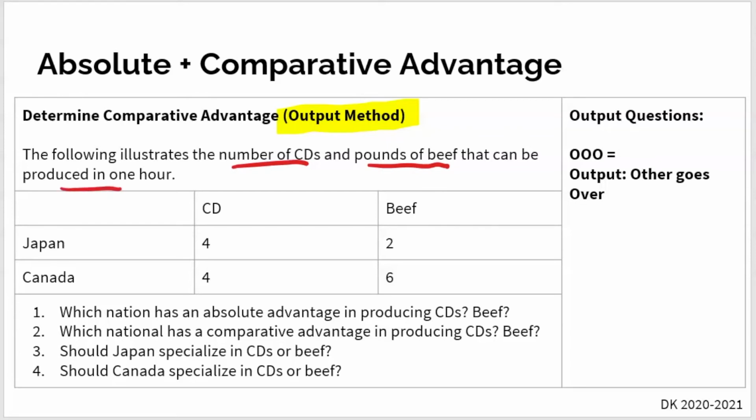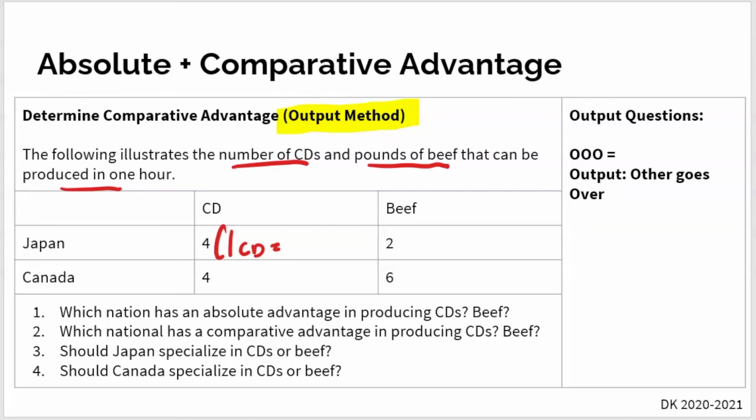So that's just saying Japan can produce 4 CDs and 2 pounds of beef in 1 hour. Canada can produce 4 CDs and 6 pounds of beef in 1 hour, right? And so to calculate the comparative advantage for output questions, it's just the other number goes over. So if we're looking at CDs, well, what's the other good that we're comparing it to?